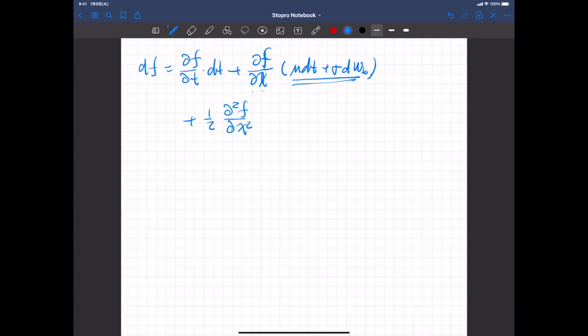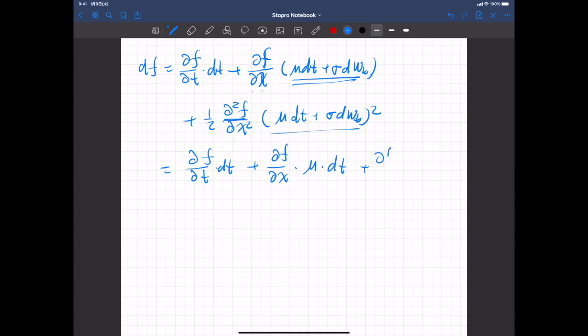Of course we are assuming that this function f is twice differentiable with respect to x. Then we replace dx squared by (mu dt plus sigma dWt) squared. And then we expand this part. So we have the same term here, plus the derivative of f with respect to x times mu dt and sigma dWt, and the expanded part.